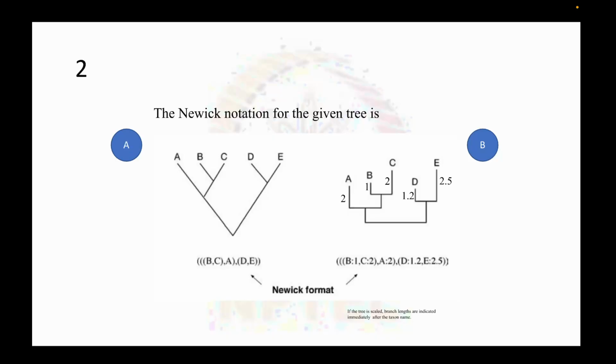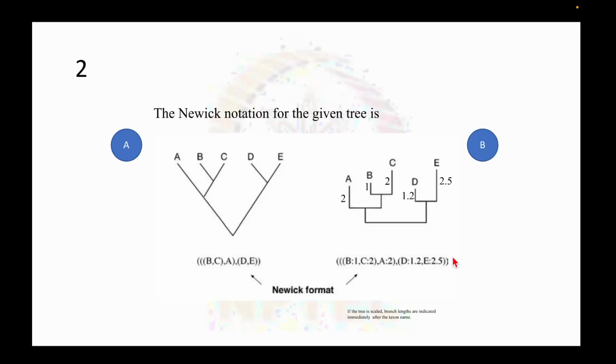The evolutionary scale or distance is written just after the node name using a colon. The same tree has been represented along with the evolutionary distances. So this is the Newick format, how a graph based or tree image is represented as text.